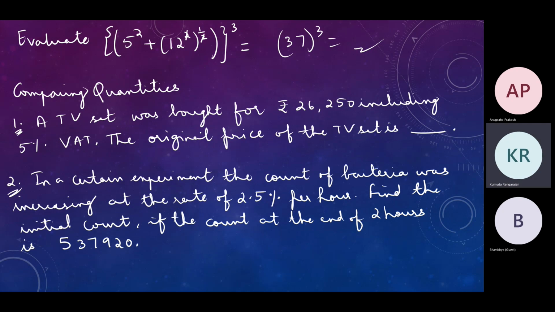See, you go to a shop to buy a television, and you have paid a total price of 26,250 because that includes VAT. Then the original price of the TV should be less than that, no? VAT is not discount. VAT is tax, which is added to the original price.